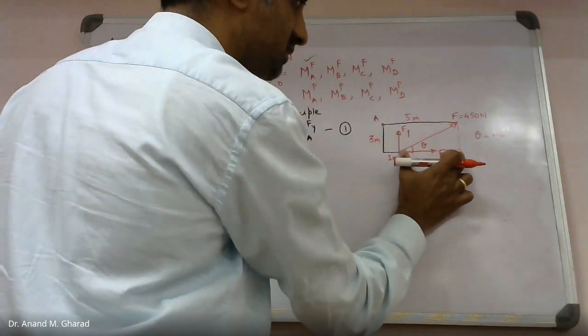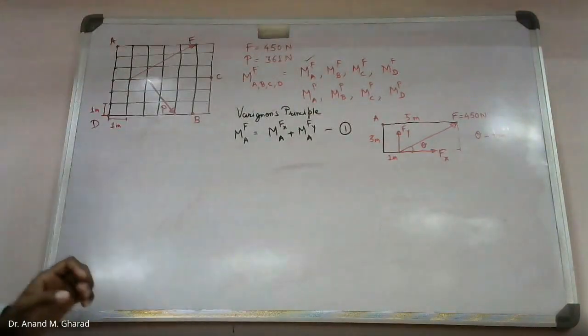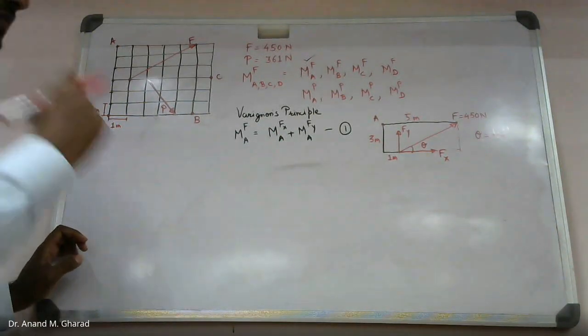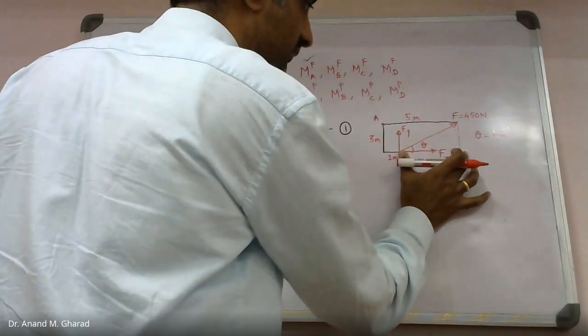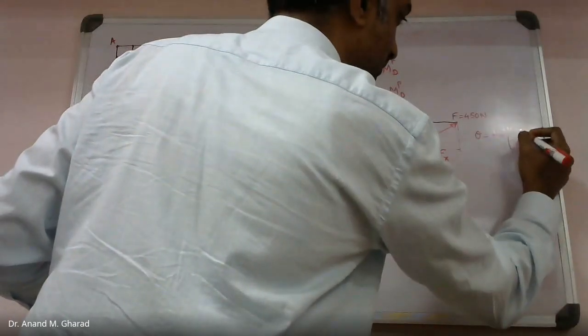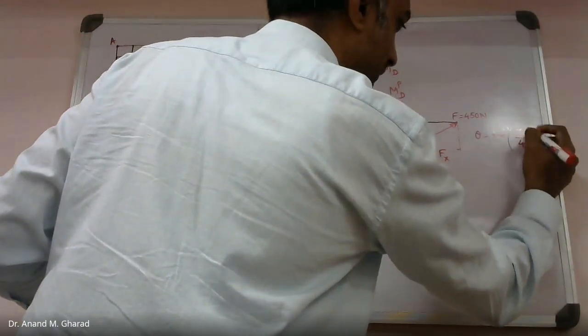How much will be this distance? What will be this much distance? 4 meter. And what about this? 3 meter. So 3 by 4. Is this okay?